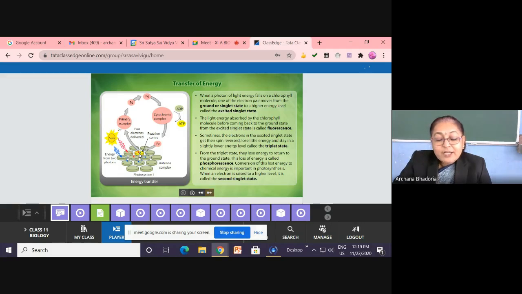Remember, when electrons are released, an electron hole is formed in the reaction center, and that electron hole is again filled up by the same electron which is coming back. Followed all of you very nicely? Yes or no?